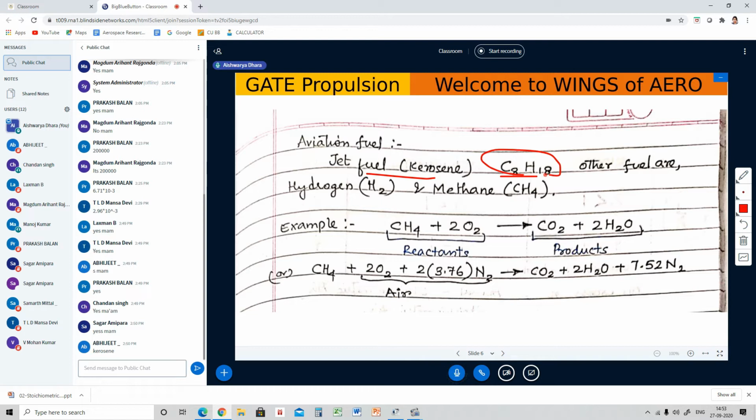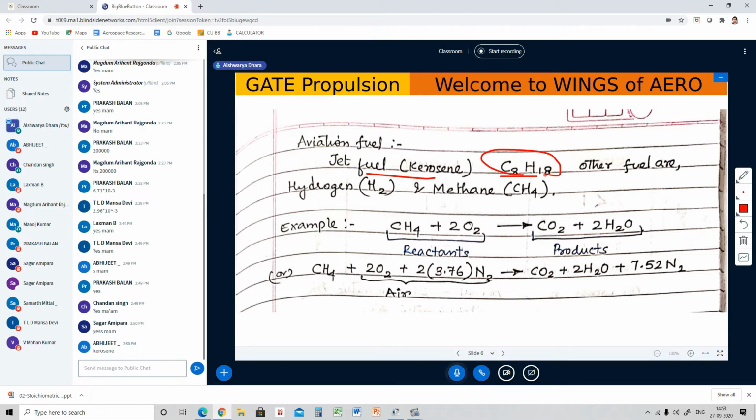But the main thing here is how to find out the combustion factor, what the exothermic and endothermic processes are, how to understand the stoichiometric properties, how much oxygen is required to burn the fuel. It is all stoichiometric calculations.